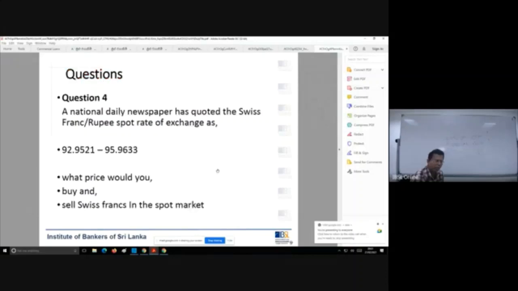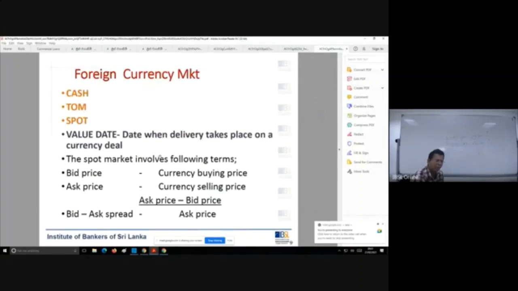Then you have spot, and also remember this one. Cash means now, today. Tom means tomorrow. Spot means day after. Generally, when the exchange rate is quoted, if it does not specifically tell you, it means that is spot. So any transaction now, share market is also the same.